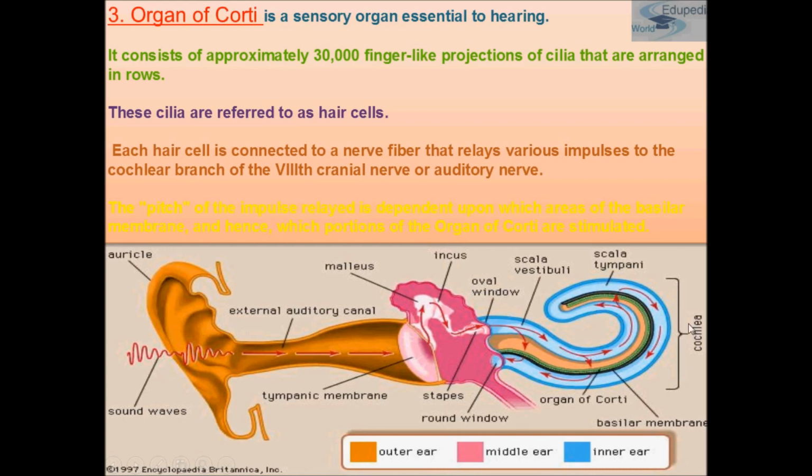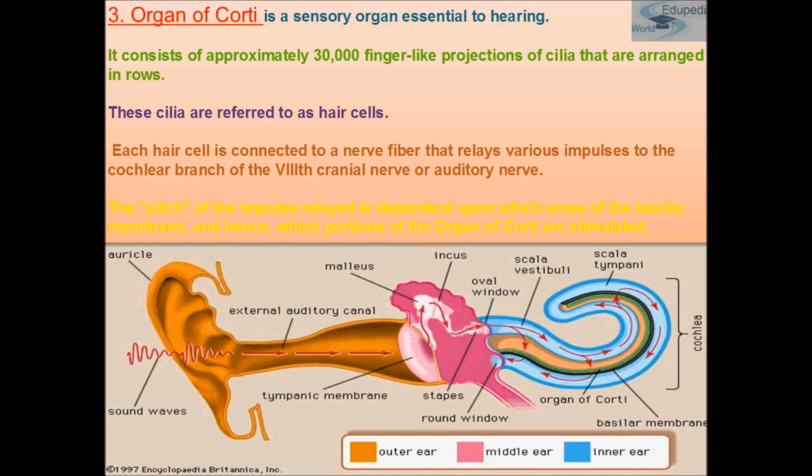And each hair cell is connected to a nerve fiber that relays various impulses to the cochlear branch of the 8th cranial nerve. The 8th cranial nerve is also known as the auditory nerve.